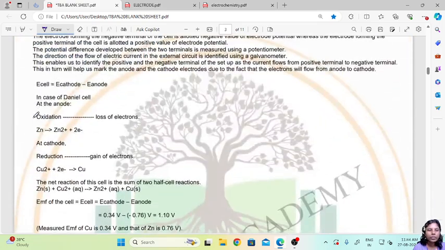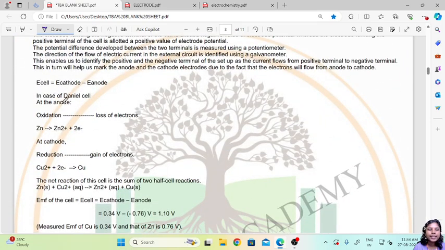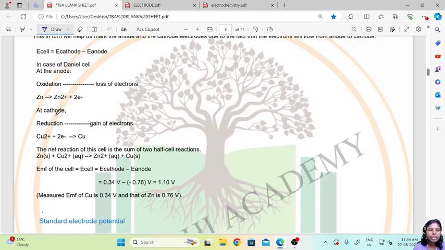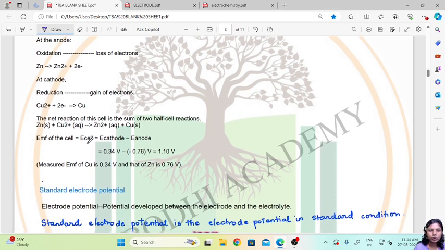So now look here, in case of Daniell cell, at anode there is oxidation, that is loss of electrons. So Zn will lose its 2 electrons and it will go into the aqueous form. At cathode now the reverse is happening, that is reduction by gain of electrons. Copper which is there in the solution form is waiting for electrons to come and grab onto them. So Cu2 plus and the electrons will go to Cu.